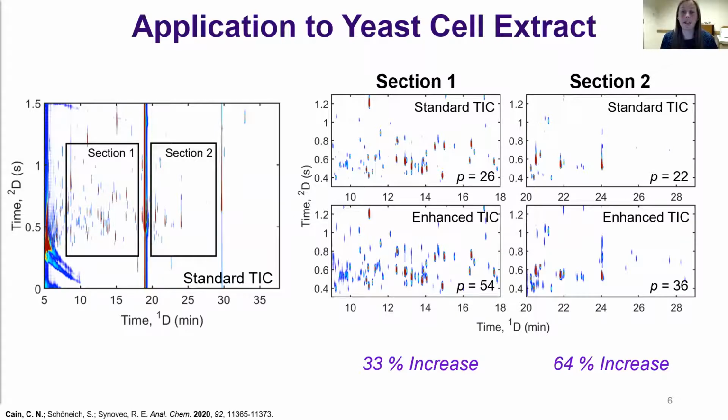For section 1, the standard TIC using a watershed image analysis approach was able to detect 26 peaks, while our enhanced TIC algorithm was able to define 54 peaks in the separation, leading to a 33% increase in the number of peaks detected. As for section 2, the standard TIC was able to find 22 peaks, but our enhanced TIC was able to find 36 peaks in that section, leading to a 64% increase in the number of peaks detected.